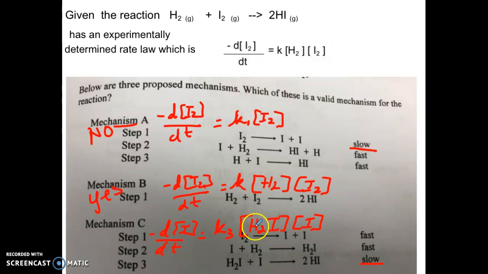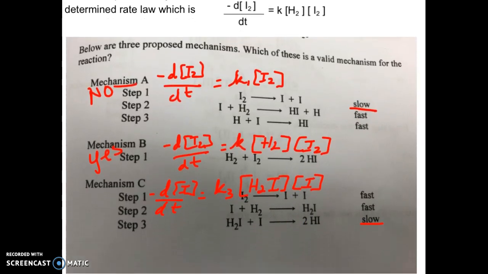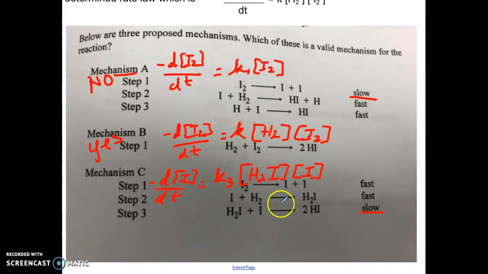However, do you notice that H2I and I are intermediates? And that becomes a little bit problematic. You have to think about what that means: these two reactions, which are fast, have to happen in order for the slower reaction to happen. And in addition to that, this H2I cannot build up in concentration because it's not in my overall reaction.